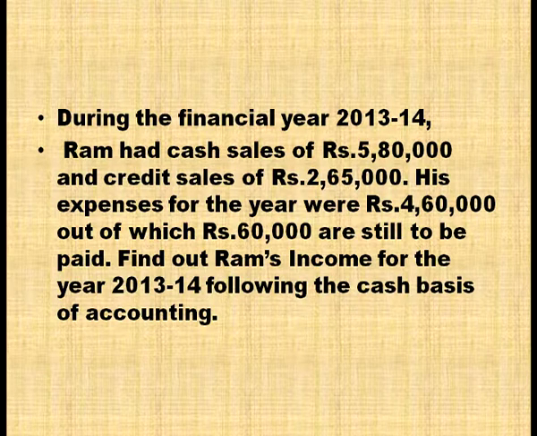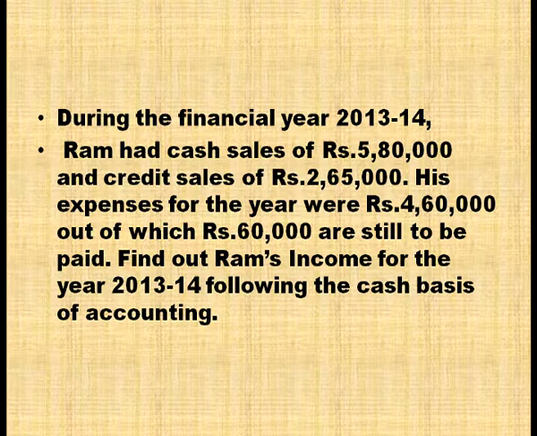Here is a question to find out the income according to the cash basis of accounting. During the financial year 2013-14, Ram had cash sales of rupees 5,80,000, credit sales of rupees 2,65,000.